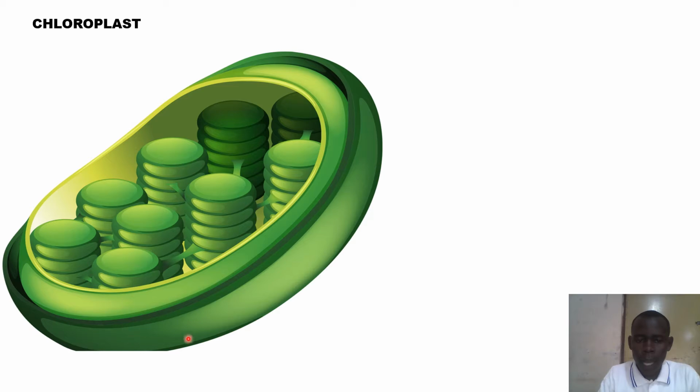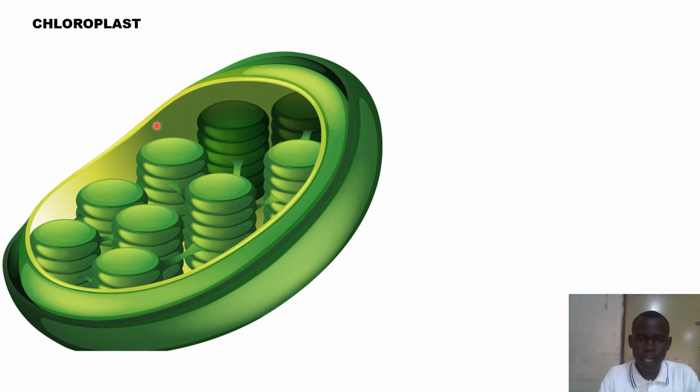It has an oval shape, with two membranes. The chloroplast envelope has the outer membrane and the inner membrane, between which is a space called the intermembranal space. Inside the chloroplast, we have a gel-like substance called stroma.